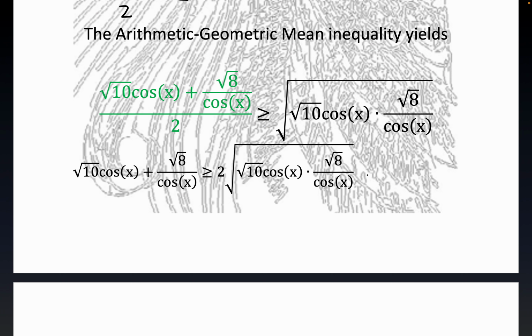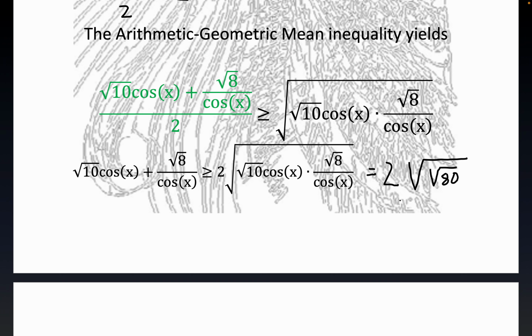And so this part right here is just equal to 2 times the square root of the square root of 80. Again, these cosine x cancel because they are strictly positive. And then 8 times 10 is certainly 80.